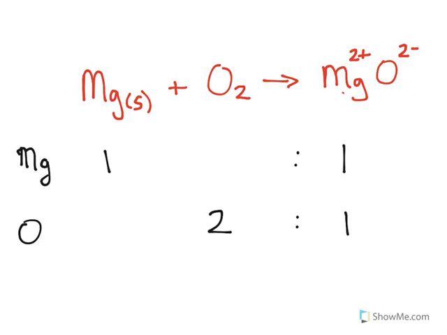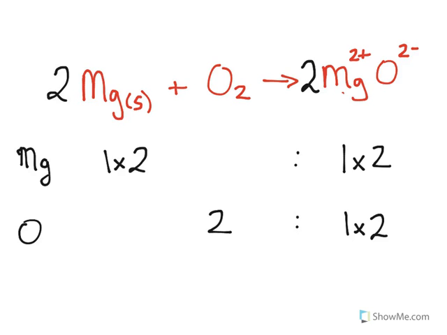So this isn't balanced, so we need to double up on the right-hand side by putting a big 2 in front of the magnesium oxide. But now the magnesium isn't balanced either, because this also has 2 on the right-hand side. So in order for the equation to be balanced, we would need to put 2 in front of the magnesium.